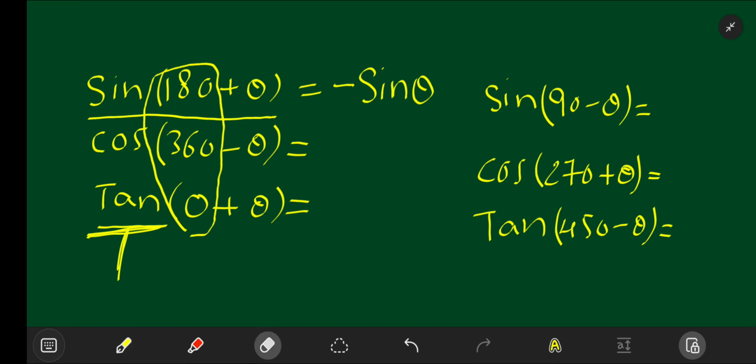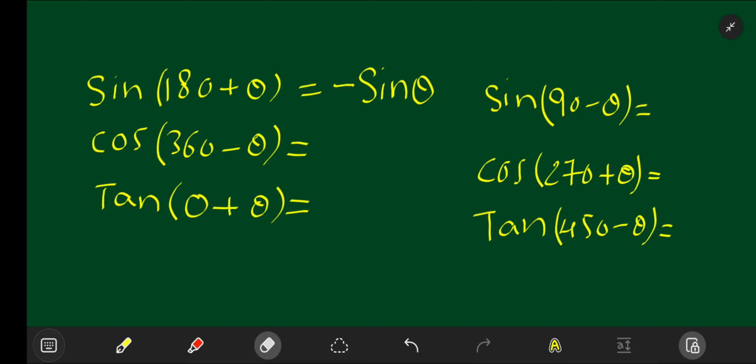Here the trigonometric function is the same, but a minus symbol came before it.